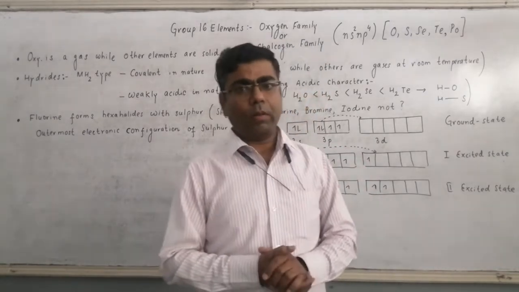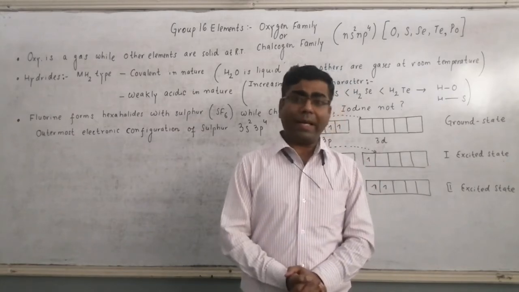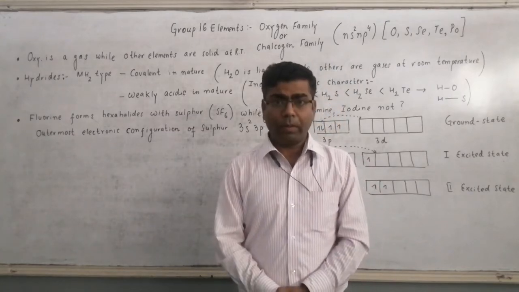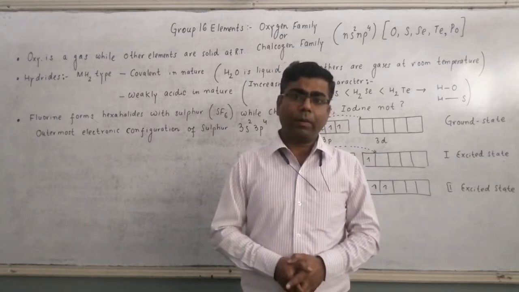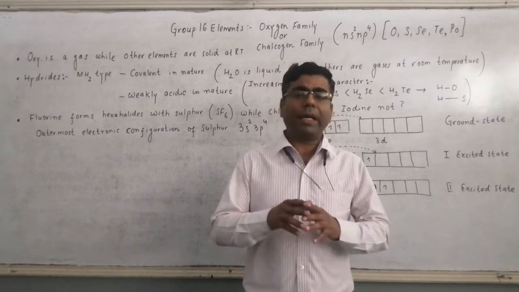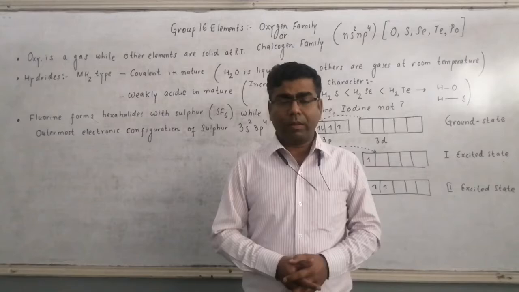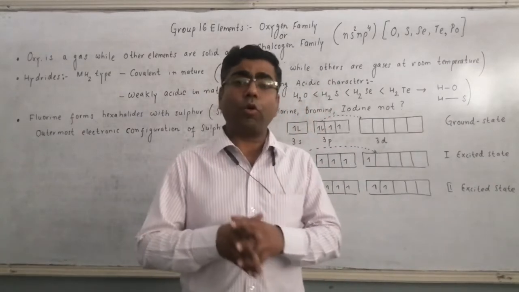Again, oxygen belongs to second period. Its electronic configuration is 2s2 2p4. In oxygen also, d orbital is not possible because for second energy level we cannot have d. It means oxygen also cannot expand its octet.